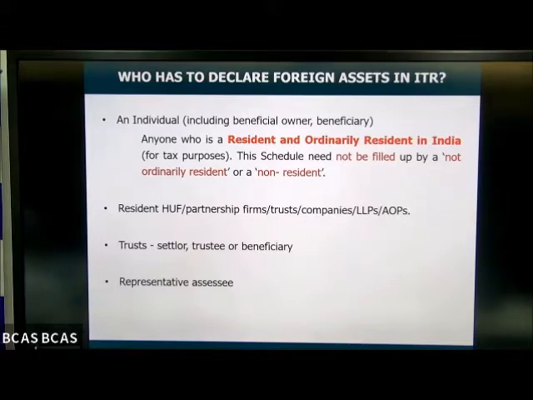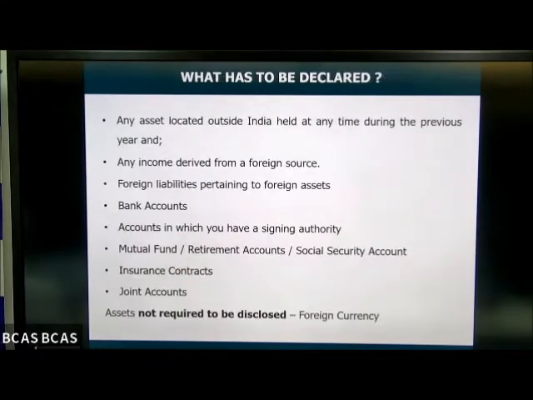Resident HUFs, partnership firms, trusts, companies, LLPs, AOPs, all these are required to declare the foreign assets in the ITR. In case of trusts, the settlor, trustee, or beneficiary is also required to declare the foreign assets in the ITR, and similarly a representative assessee.